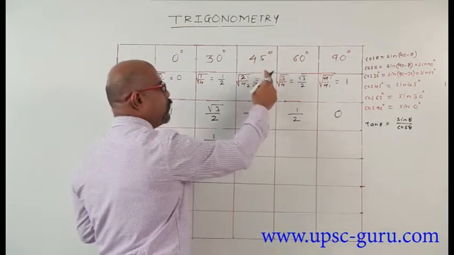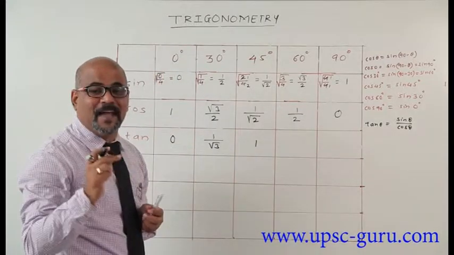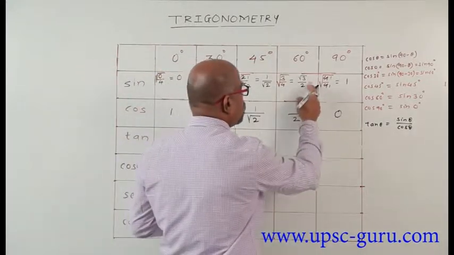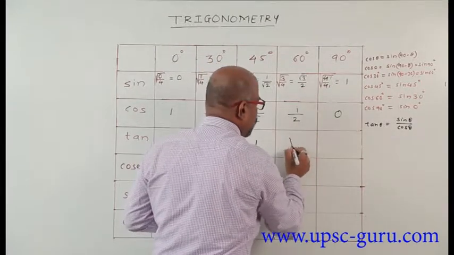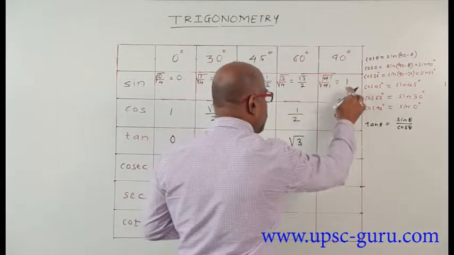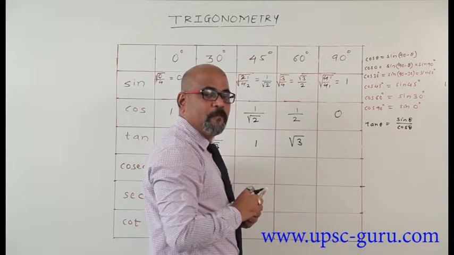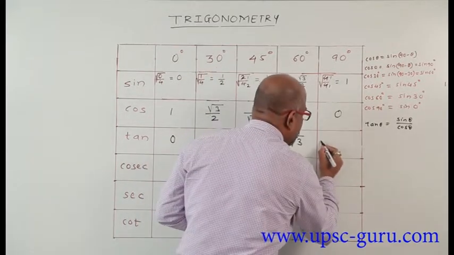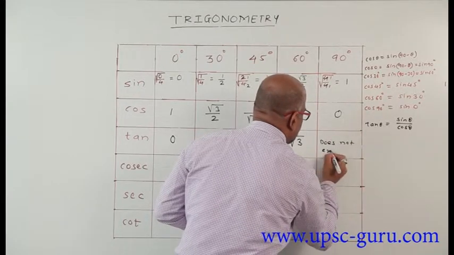Tan 45 equals 1 by root 2 upon 1 by root 2, that is 1. Tan 60 equals root 3 by 2 upon 1 by 2. Here 2 gets cancelled, we get root 3. And tan 90 equals 1 upon 0. We know that 1 upon 0 value does not exist. Therefore, here we write does not exist.